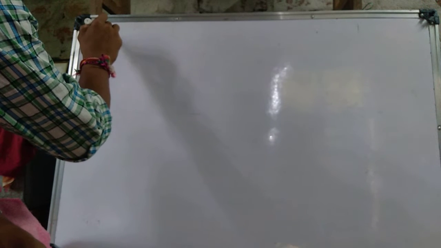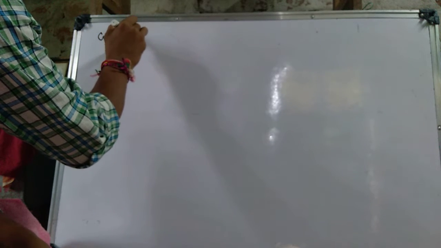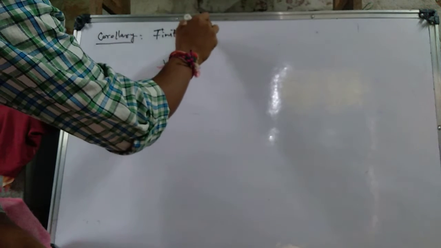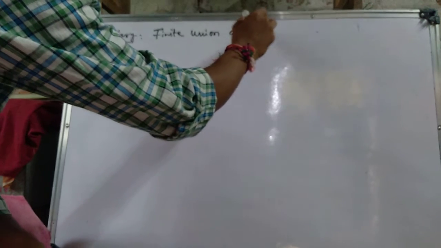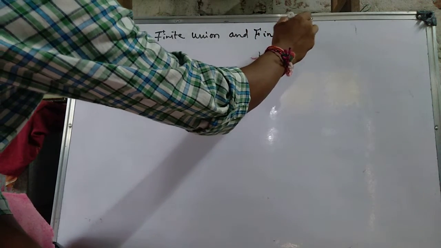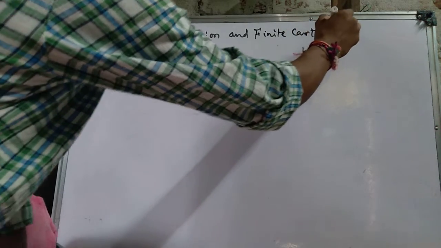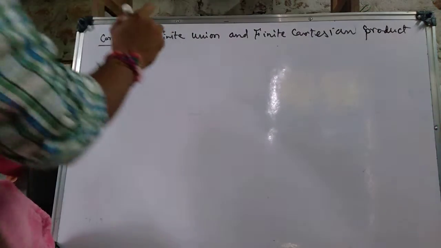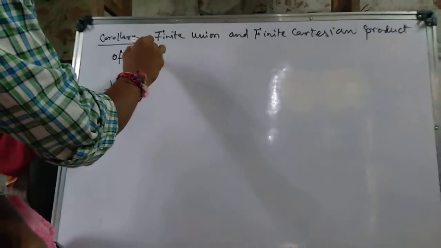Now we discuss further that finite unions and finite Cartesian products of finite sets are finite. This one is also a corollary.